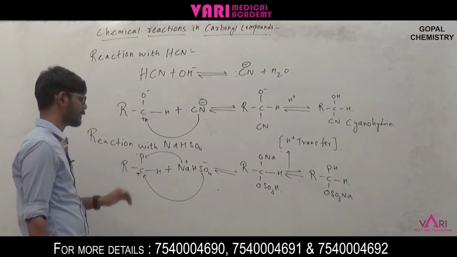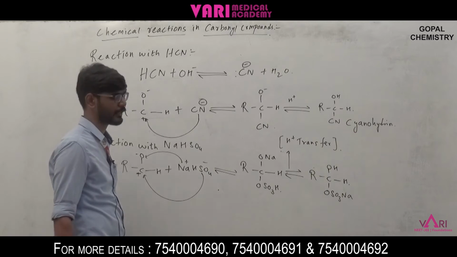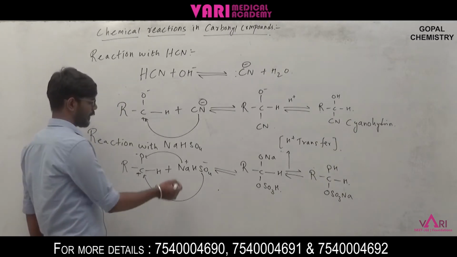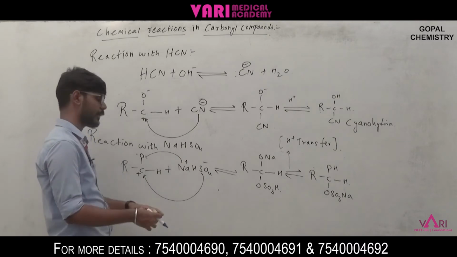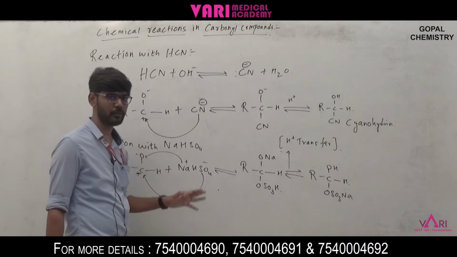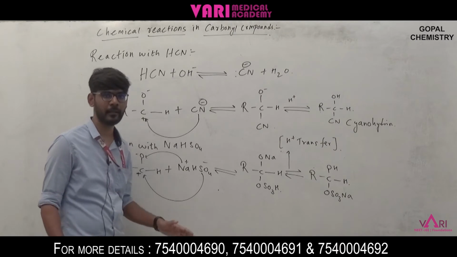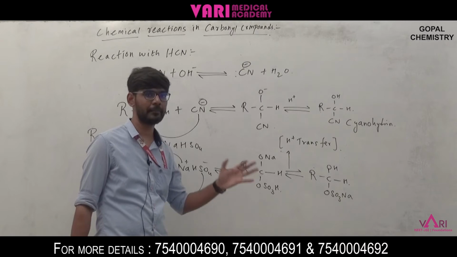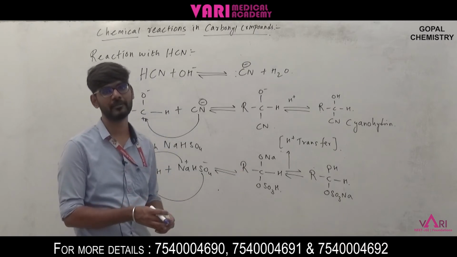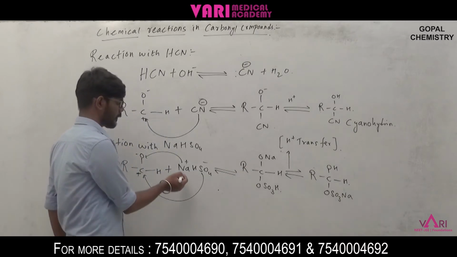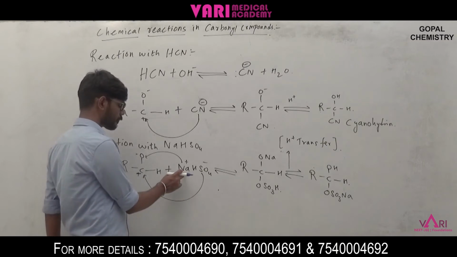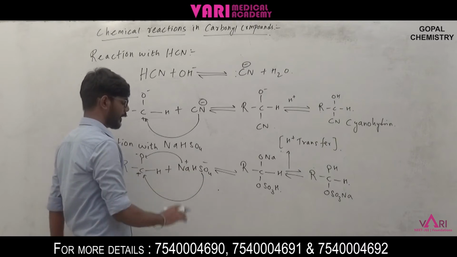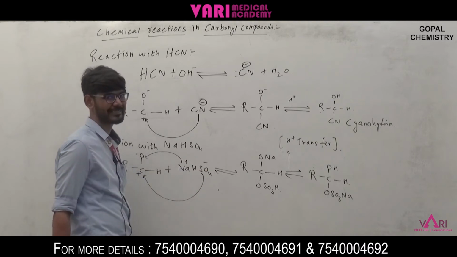Next is the reaction with sodium bisulfite, or sodium hydrogen sulfite. See, it is a salt, right? So how can we say whether the salt has a nucleophile? Salts are made when an acid and a base react, and the end product is a salt. If sodium hydroxide and sulfuric acid are treated, we can get sodium hydrogen sulfate.